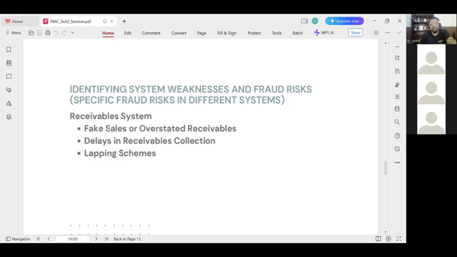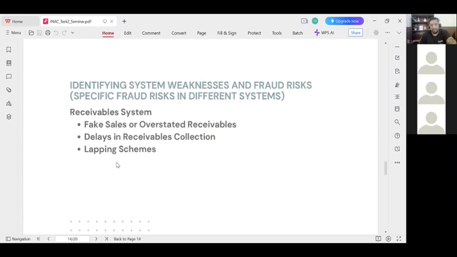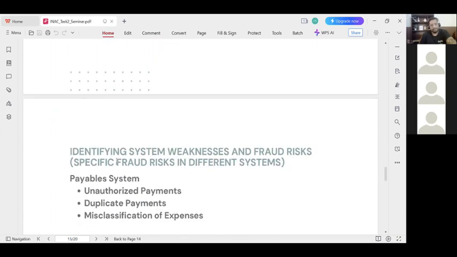And then you have the receivable system: fake sales or overstated receivables, delays in receivable collection, and lapping schemes. If you see any of these things in your scenario, it means you have identified a weakness.